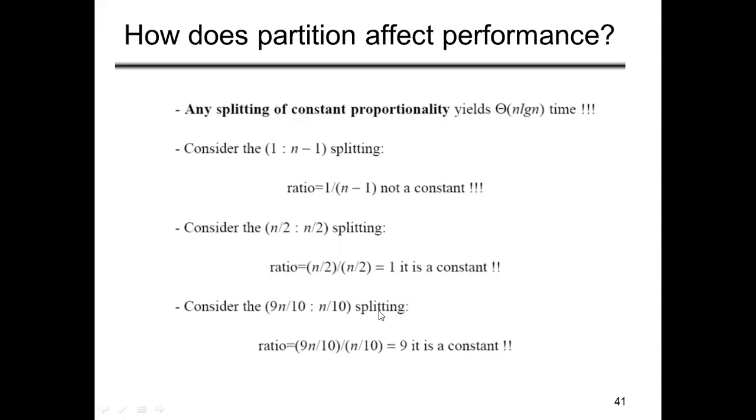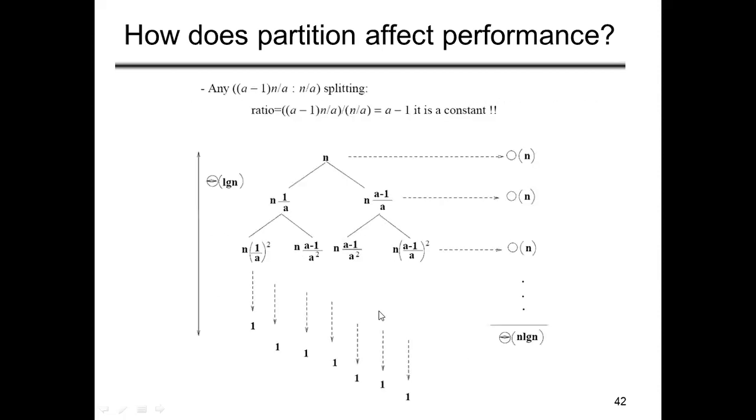It is a constant value. So how the partition affects the performance: any a minus 1 into n by a, n by a splitting, the ratio a minus 1 is a constant value.